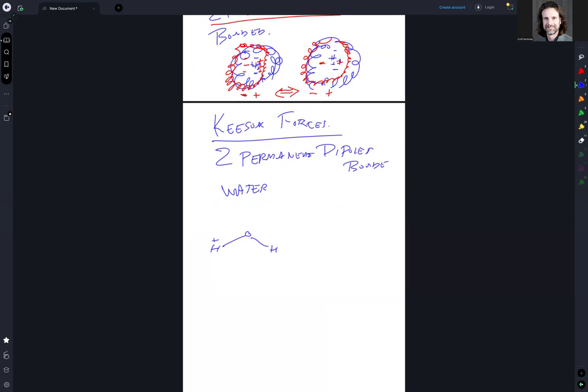The hydrogen is basically a bare proton, and your oxygen is negative. As a result, you've got a dipole here. And you can have another water molecule that is then bonded through hydrogen bonding, which is a form of a Keesom force.